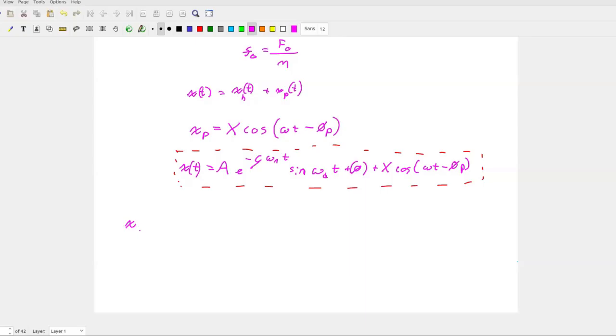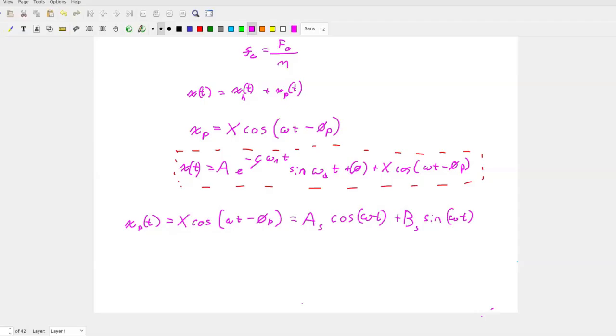If I have x sub p of t equal to capital X cosine of omega t minus phi p, I can split this up into capital A subscript s cosine omega t plus b subscript s sine omega t.